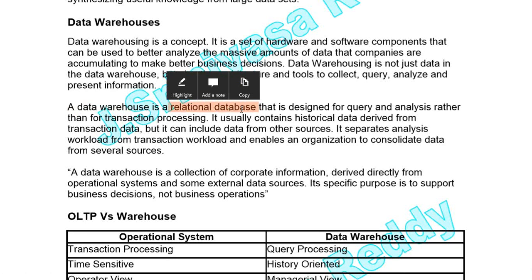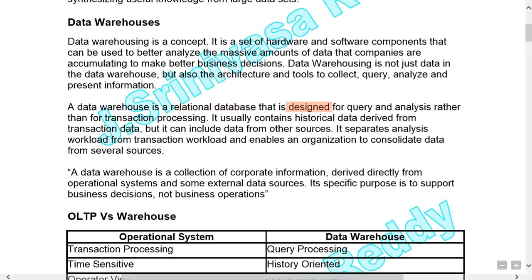Whenever you are exclusively focusing on analysis processing, you keep querying the data from the database and generating reports. That's why these databases are exclusively designed for query and analysis purposes, not for transactional processing purposes.